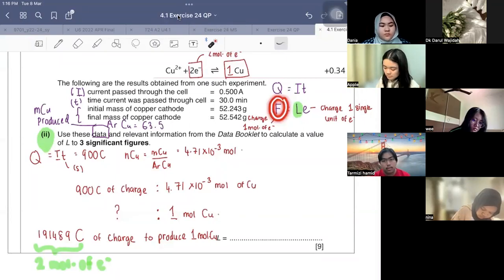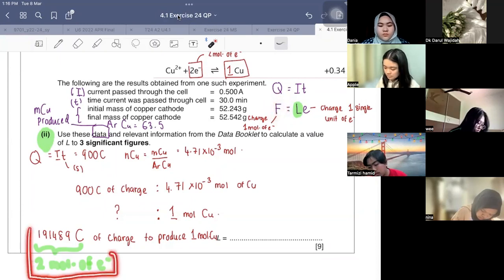Recall, F means the charge of 1 mole of electrons. This is the charge of 2 moles of electrons.